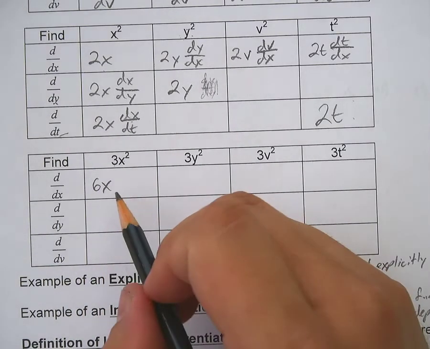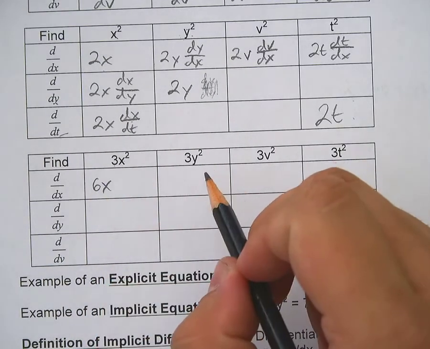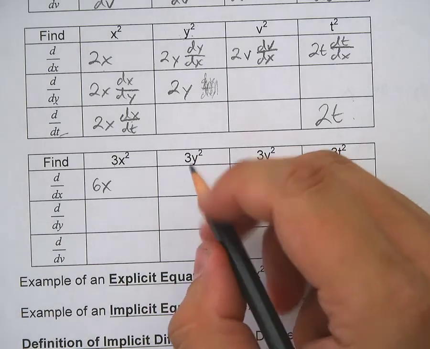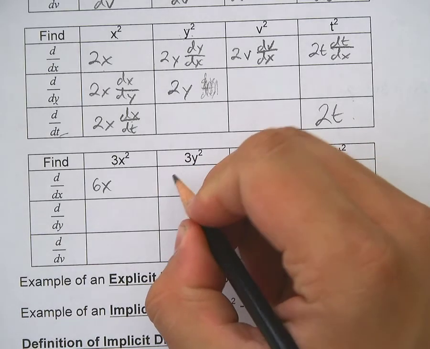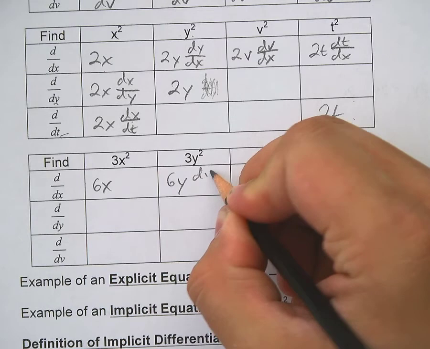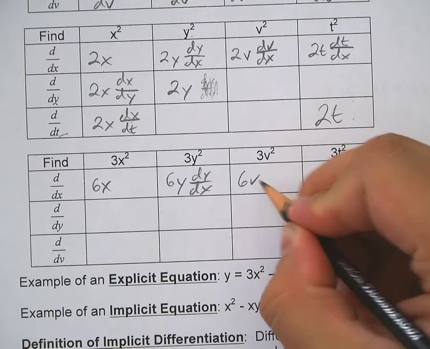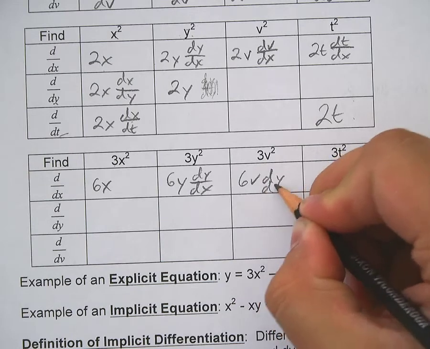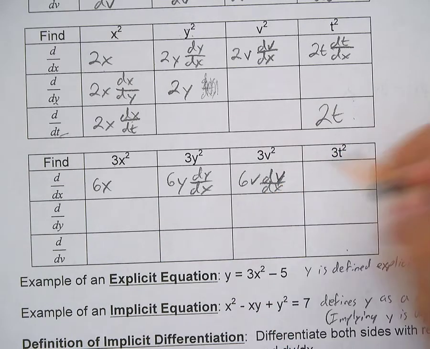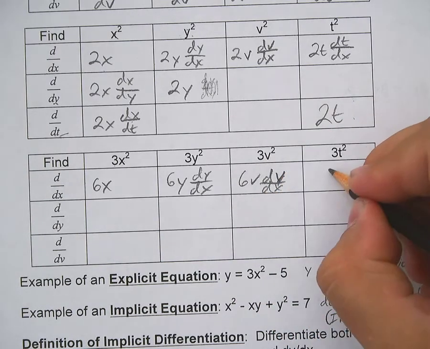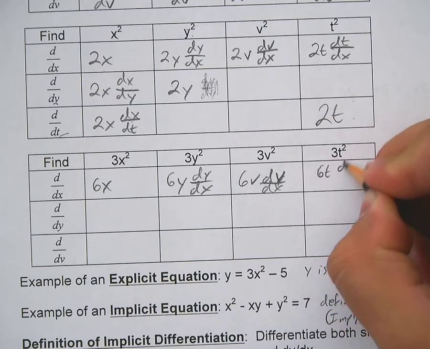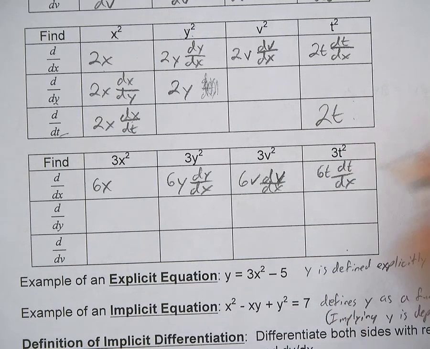So here we have 6x, the derivative with respect to x of this equation here would be 6y dy dx, right? 6v dy dx, or excuse me, dv dx rather, and 6t dt dx.